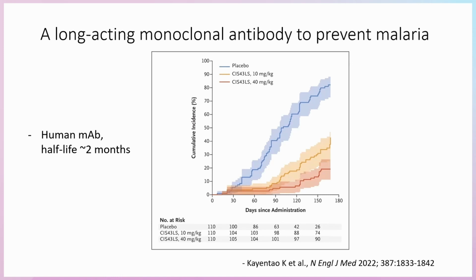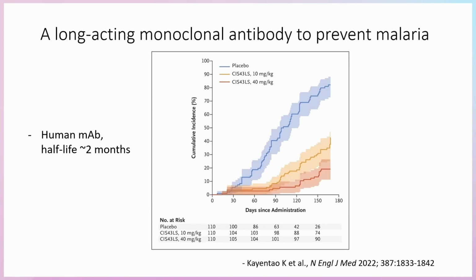And compared to placebo infusion in the blue, at the end of this 6-month study, both doses of CIS43LS significantly reduced the risk of developing recurrent malaria in a dose-dependent fashion, with the 10 milligram per kilogram dose in the orange and the 40 milligram per kilogram dose in the red.